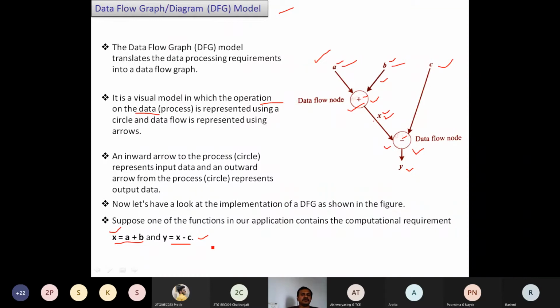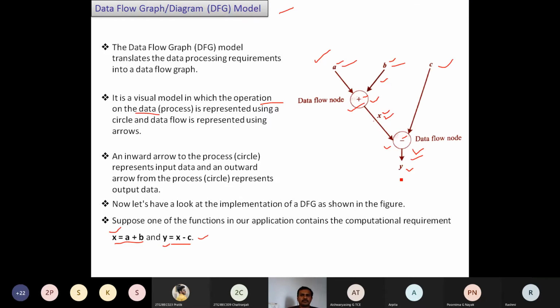The output is nothing but data Y. This data Y is represented as the outward arrow mark. So this one is a simple model that we are going to prefer for processing the data, with the data processing units, that is nothing but circles, and data flow elements, those are nothing but arrows.